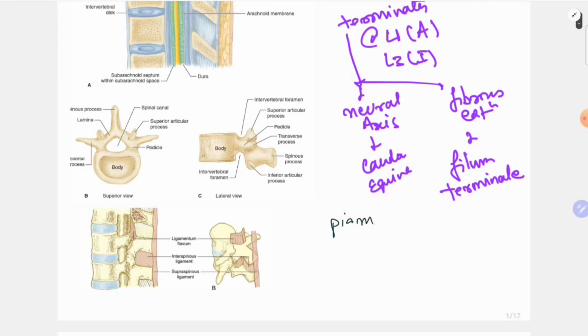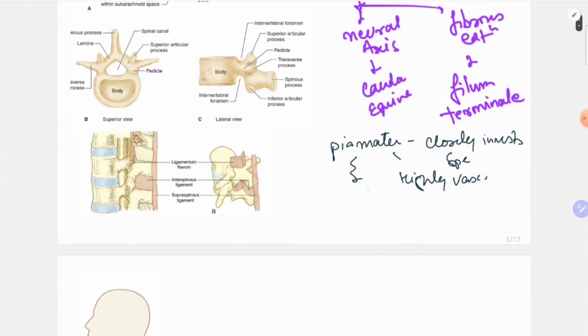The pia mater, which closely invests the spinal cord, is highly vascular. Outside the pia mater we have the arachnoid mater, and in between them is the subarachnoid space, which contains the CSF. Now this subarachnoid space extends up to the cranium. It enters the brain as well.